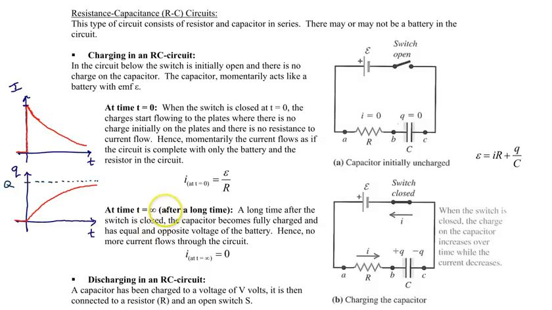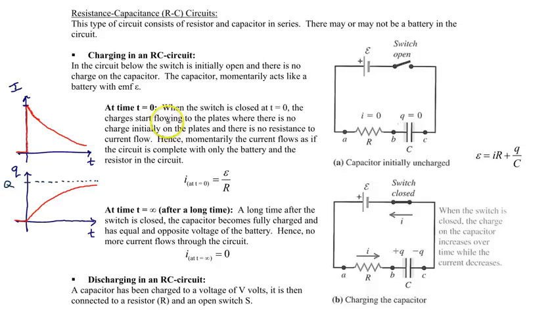So let's discuss what happens when we start charging the circuit, at the beginning point and at the very end point when t approaches infinity. At time t equals 0, we'll initially assume the capacitor is uncharged.